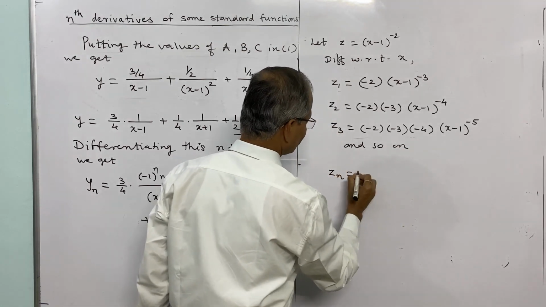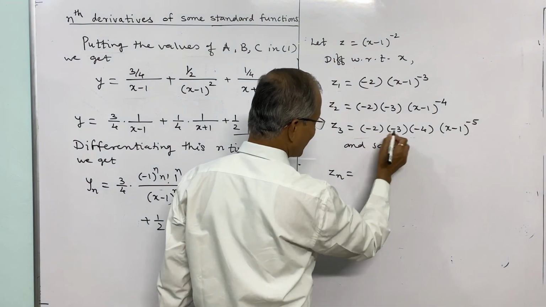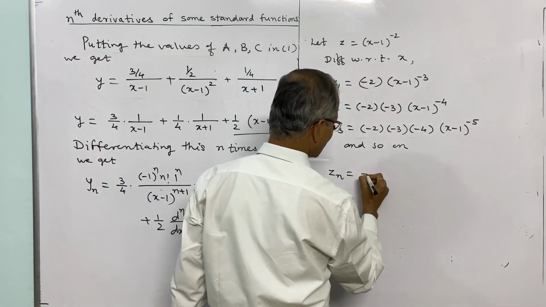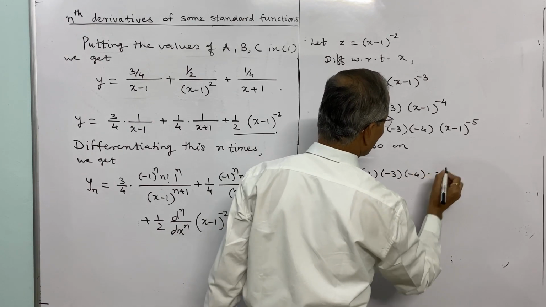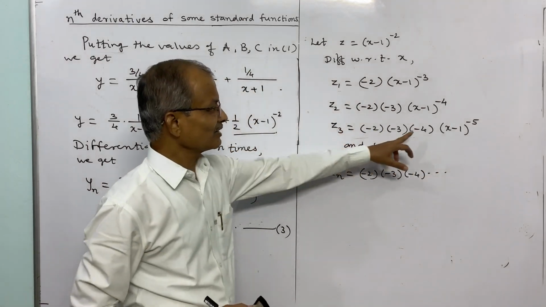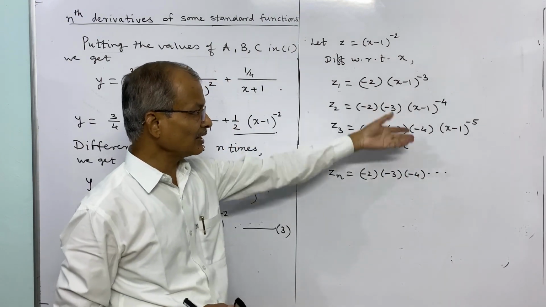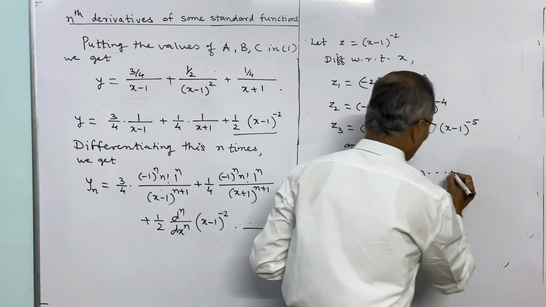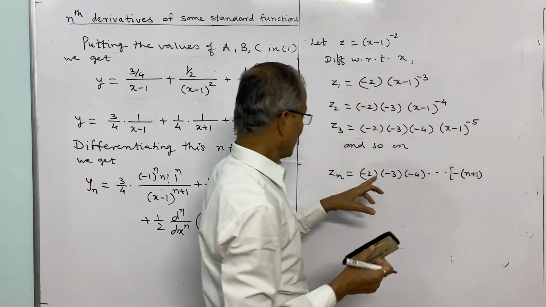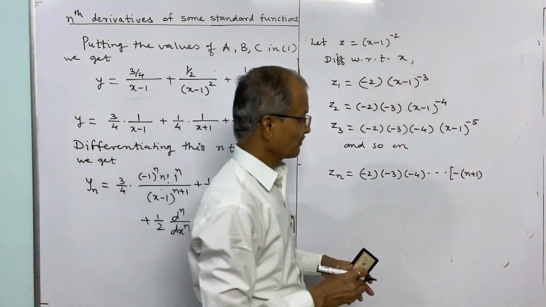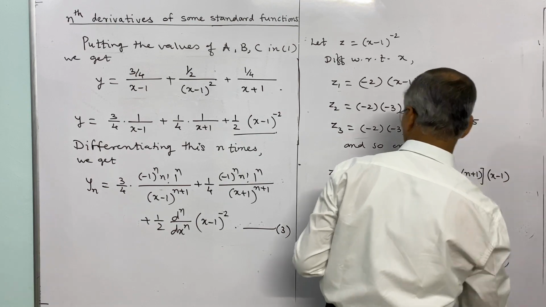zn will be minus, it starts with minus 2, minus 3, minus 4, and so on. Here it is 3, but here it is 4, and therefore here it is n, so that will be negative of n minus 1, and this is negative of n plus 1, with one more negative sign, and into (x minus 1) to the power.